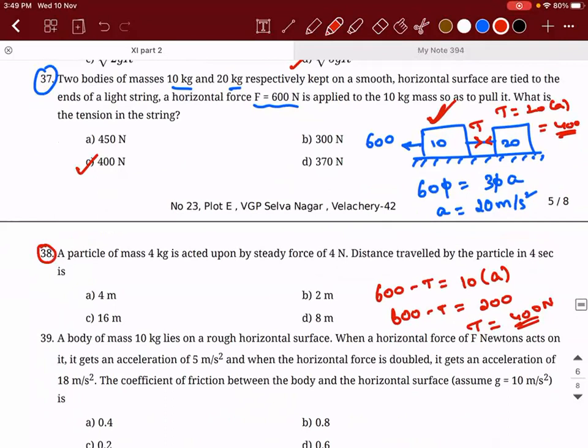So there is a particle of mass 4 kilogram that is acted upon by. Just give me a minute. I'll open the solution sheet and check if all the answers are right. One minute.